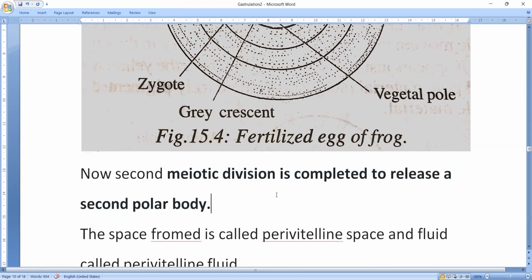The secondary oocyte stops there, at meiotic stage 2. When it is fertilized, the second division is completed and the second polar body from the remaining ovum is released. The space formed is called the perivitelline space.